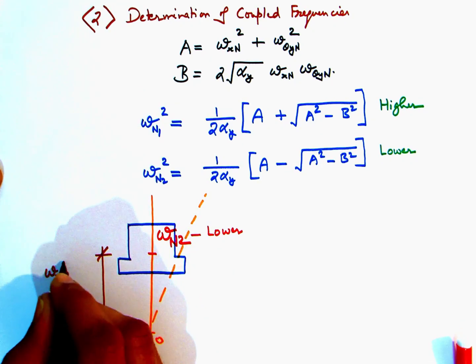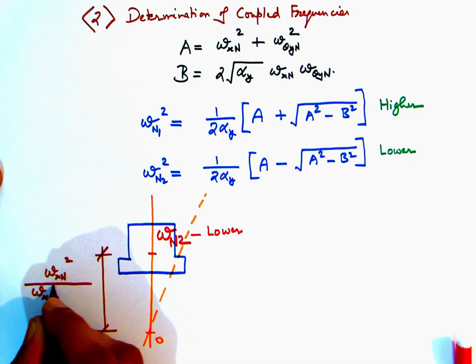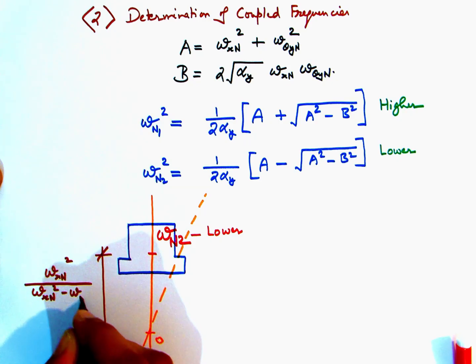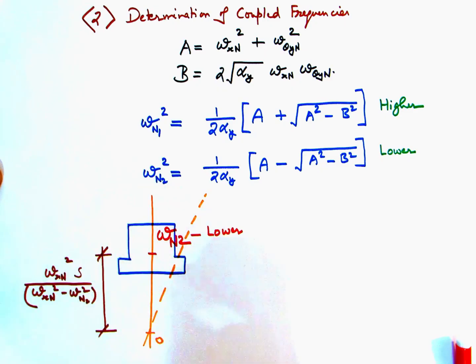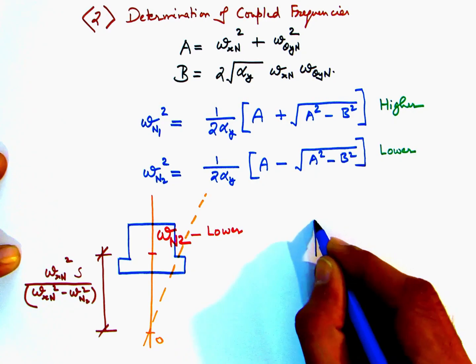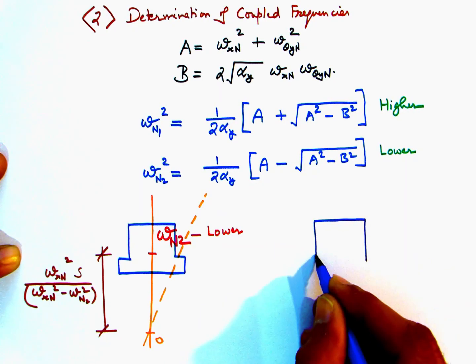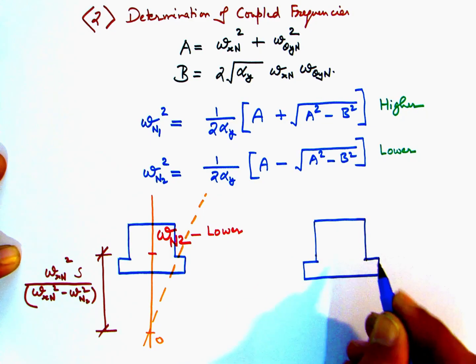The point of overall rotation is located at a distance below the CG of the entire system as shown here. So the main parameter here is S. S is the height of the overall CG measured from the base of the foundation system.